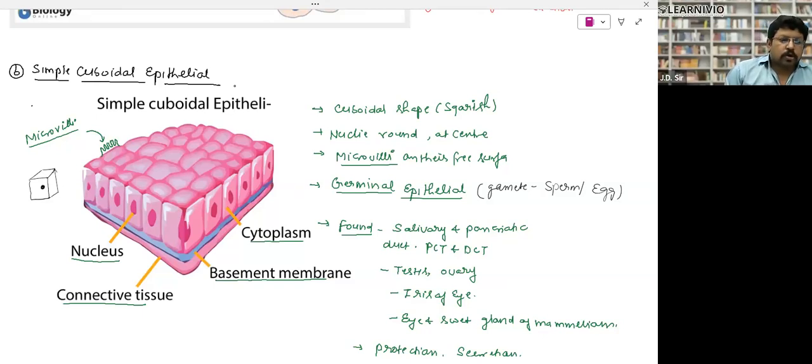They are called cuboidal. Again, there is a nucleus at the center, and there is a basement membrane.